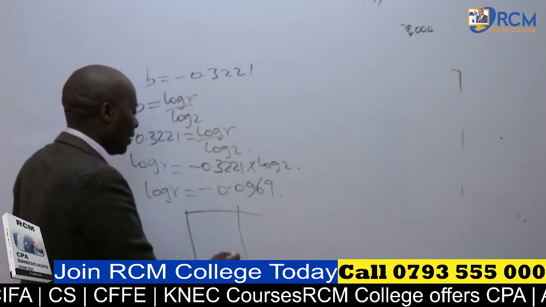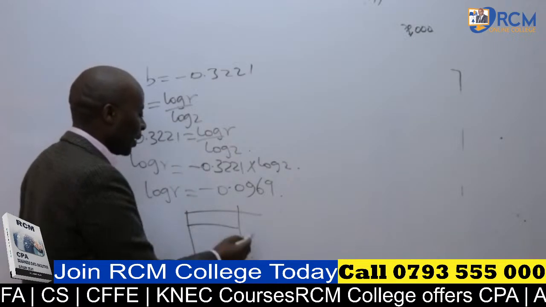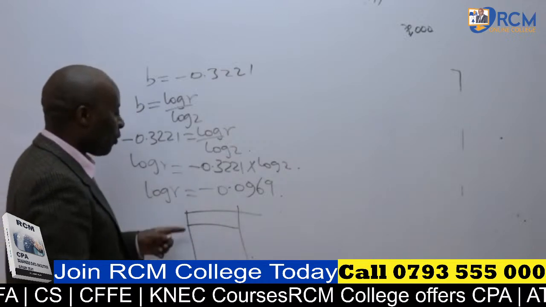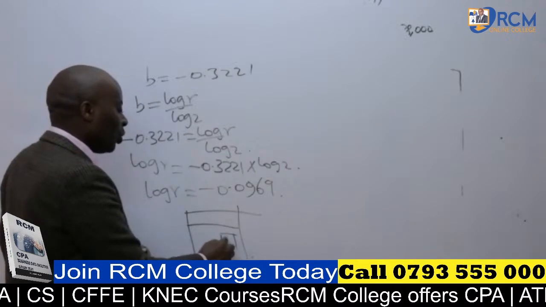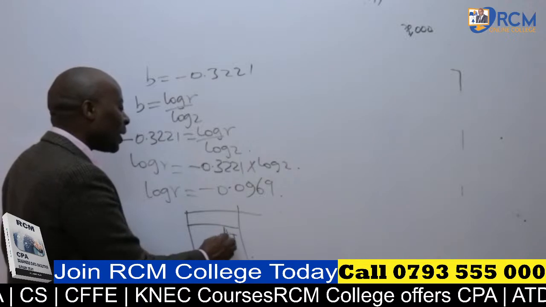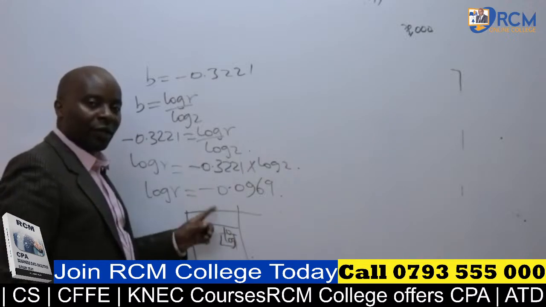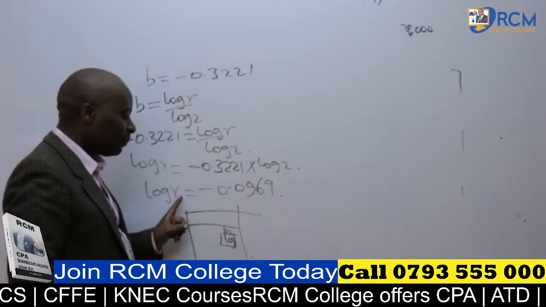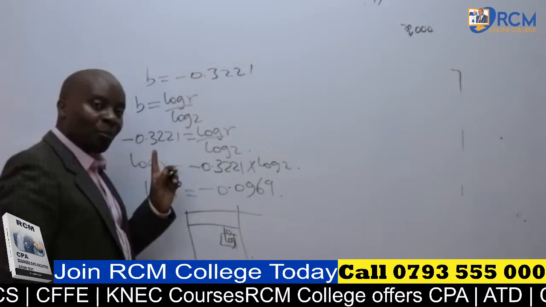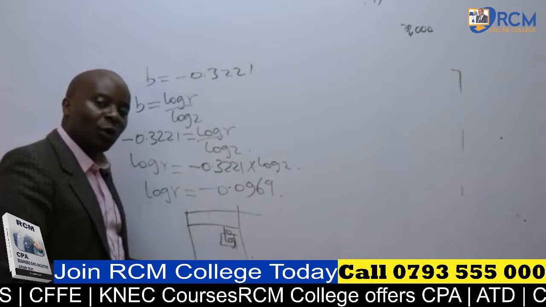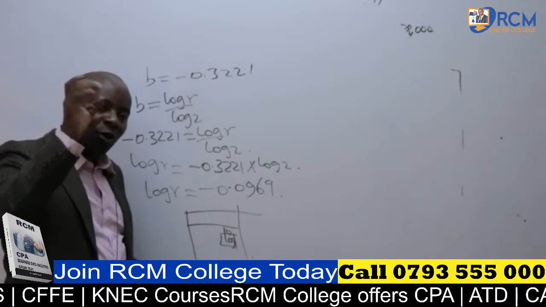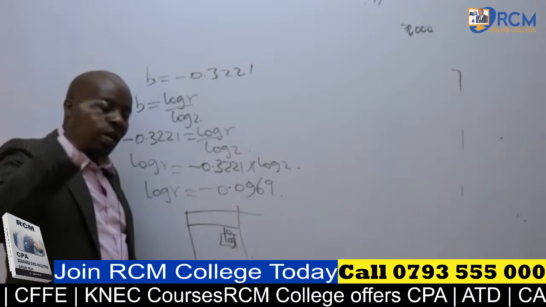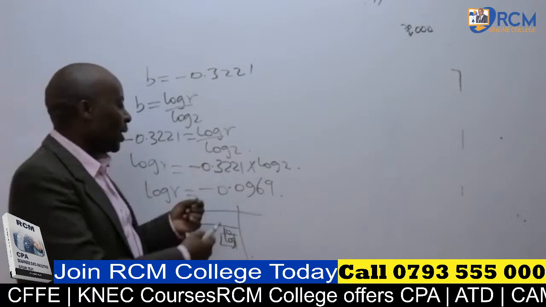On the calculator, look for the log button. There is a very minute 10 up there. So the opposite of log, you press shift log. Once you press shift log, you will see a very small 10 displayed on your calculator.